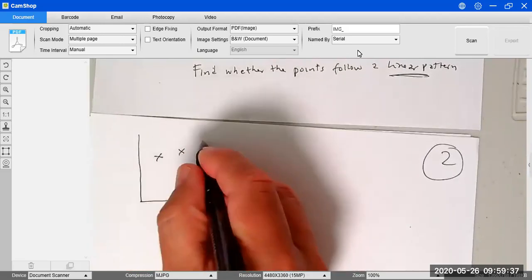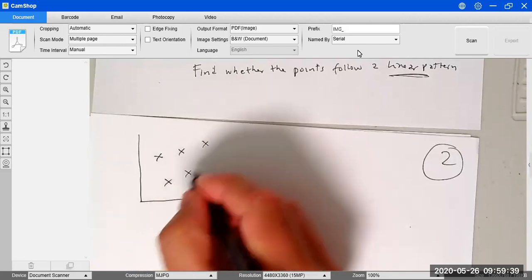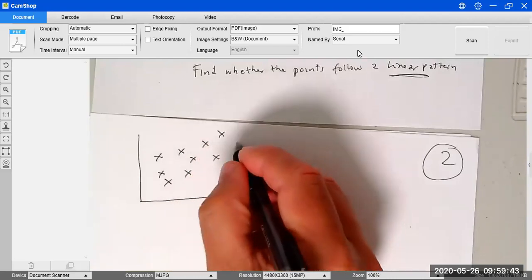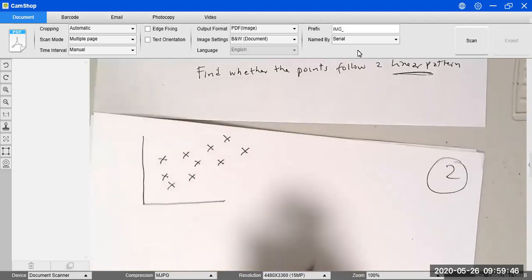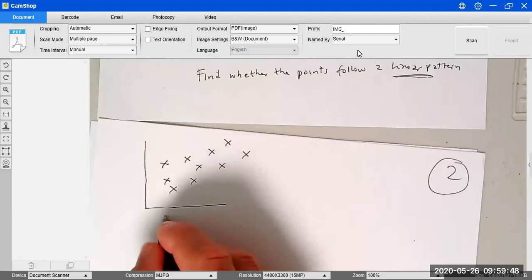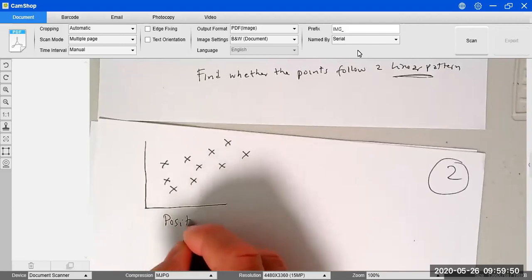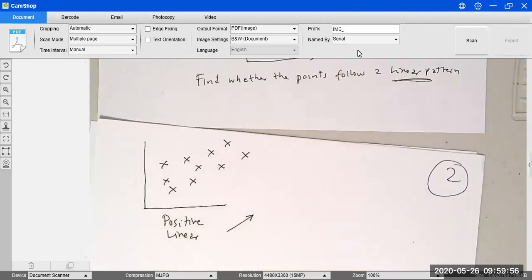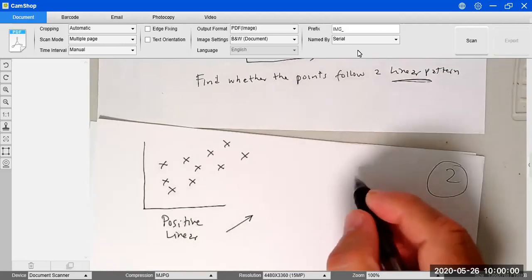So you might have points obtained in this way. So this is going to be a positive linear pattern. So the line goes up when you go to the right. You might have the opposite.